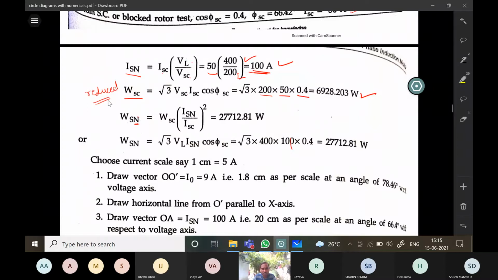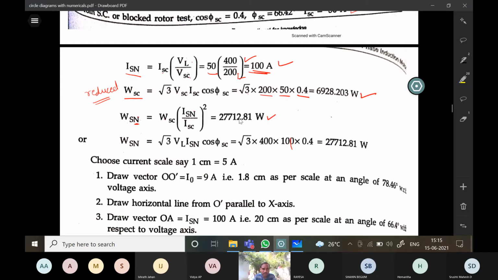We want it for full voltage, that is 400 volt. So to calculate for normal voltage, WSN is equal to WSC into (ISN by ISC) whole square. You will get 27712.81 watt. This is the short circuit power under normal condition.